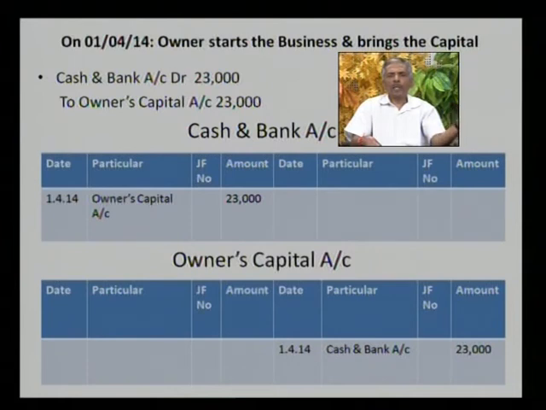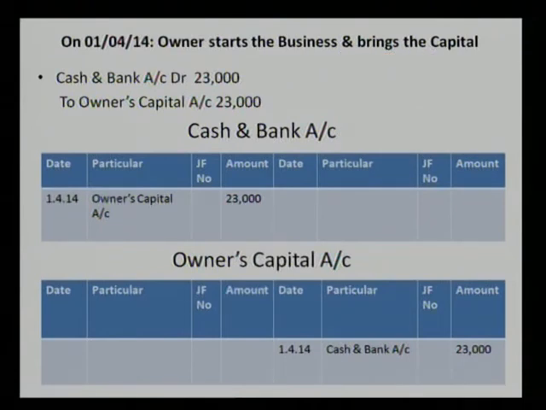So in this example, in the particular column the owner's capital account has to be mentioned, along with the amount. Now the second part, the credit part of the journal, again has to credit the owner's capital account with the same type of effects, but again in the particular column we have to mention the name of the counter account. In this example, we have to mention the cash and bank account on the credit side with the same amount.